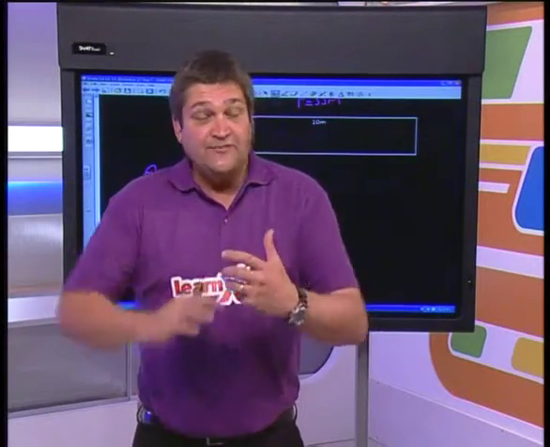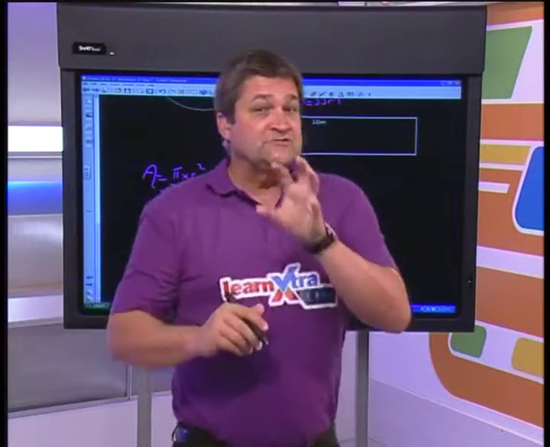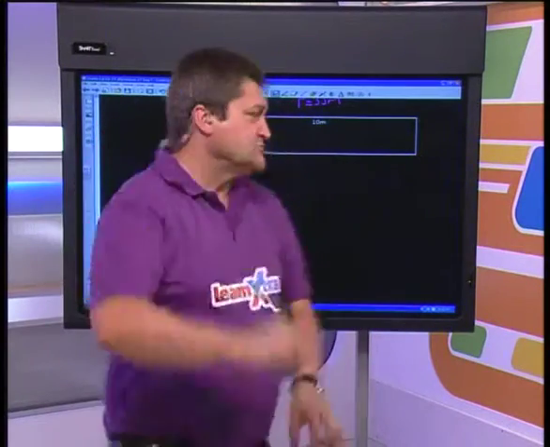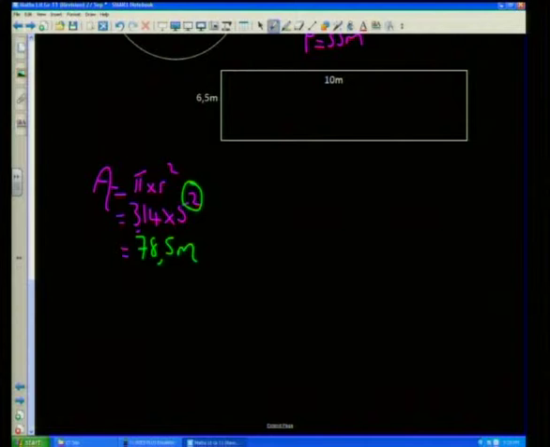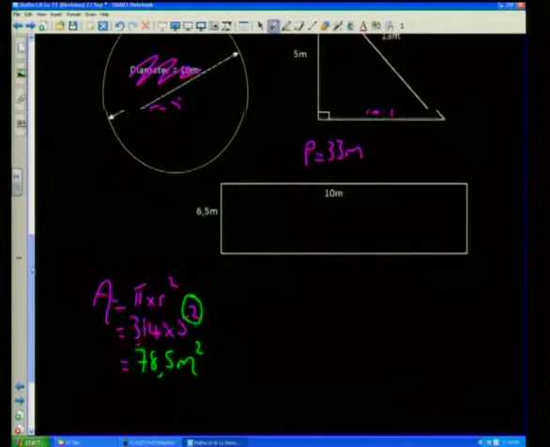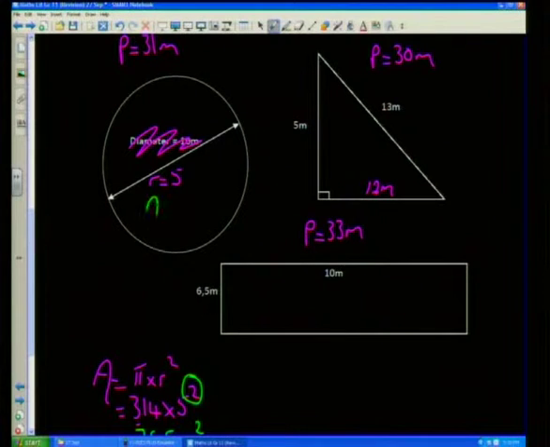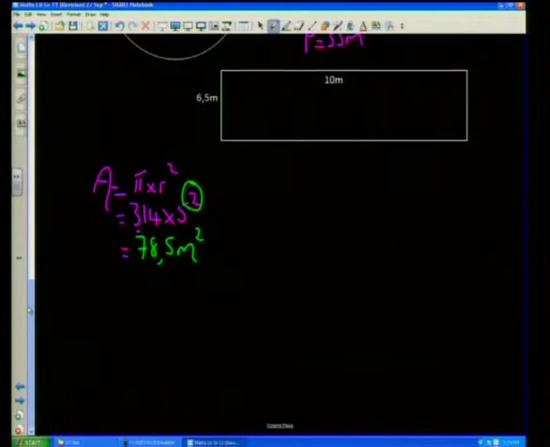We are dealing with the area, and as soon as we're calculating area, we know it's the unit squared. So I've got 78,5 meters squared. I'm going to write that up right here in the shape. I've got area 78,5 meters squared.